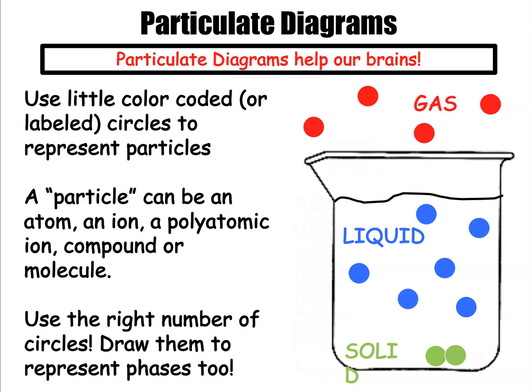A particle, again, can be an atom, an ion, a polyatomic ion, a compound, a molecule. It can be anything, but it just makes life easier to use one color-coded dot to represent one thing. And then we just come down to use the right numbers of circles. And we draw them to represent the correct phases based on the location of this.